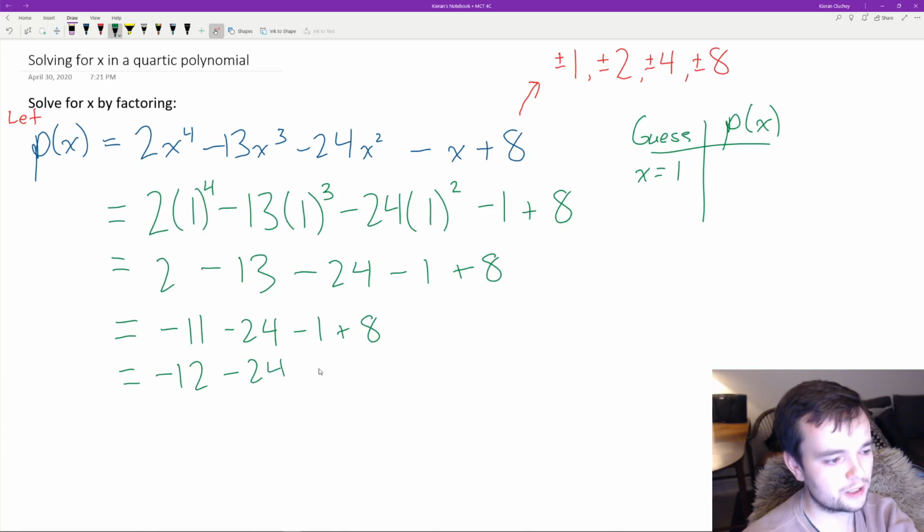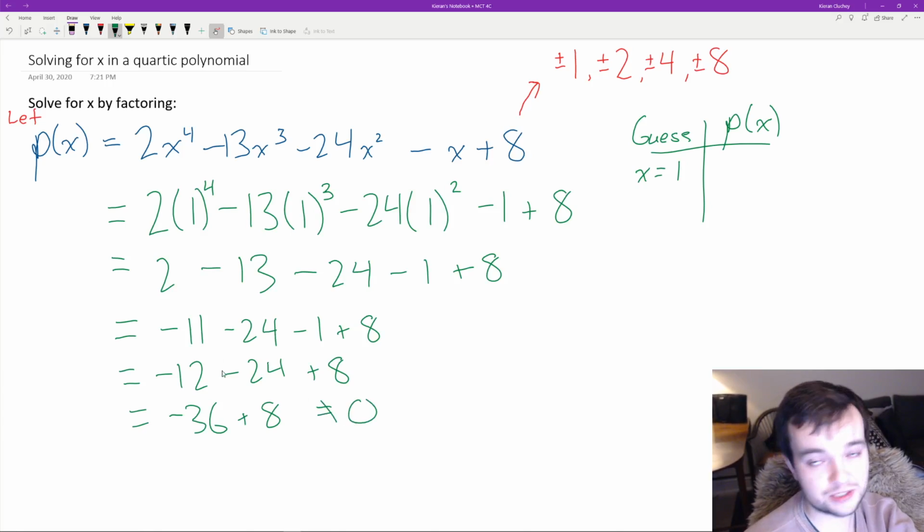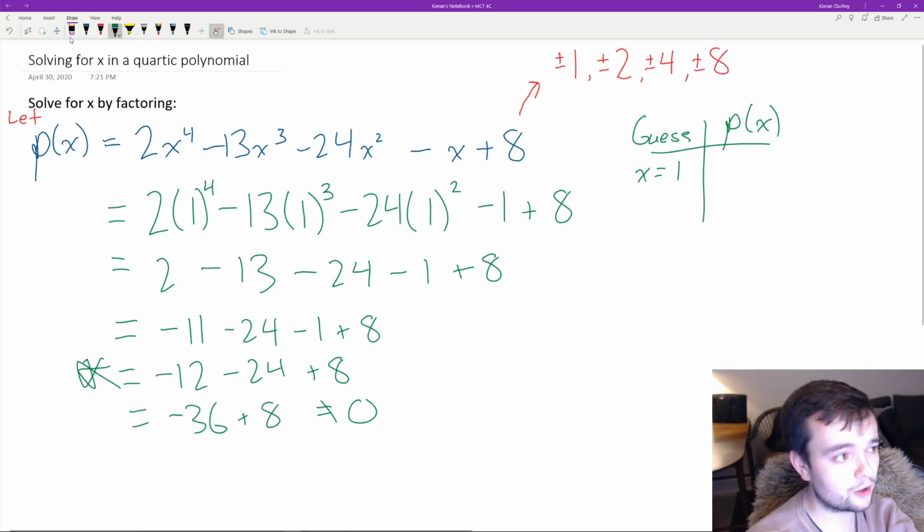Minus 24, plus 8. And minus 12 minus 24 is negative 36, plus 8. This is not 0, so I can stop there. And maybe you could see that earlier, at this step right here, that it's not going to be 0, so then you stop. You want to get pretty quick at evaluating polynomials.